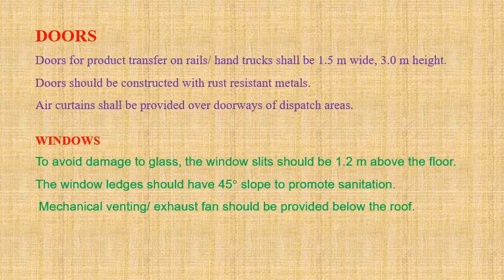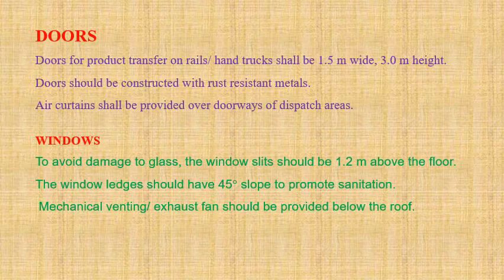Air curtains shall be provided over doorways of dispatch areas. This is a kind of positive pressure, mostly at the entry of dispatch areas, the cold storage or the working rooms for meat cutting, where this positive pressure prevents the entry of airborne contamination whenever people are entering. Windows.